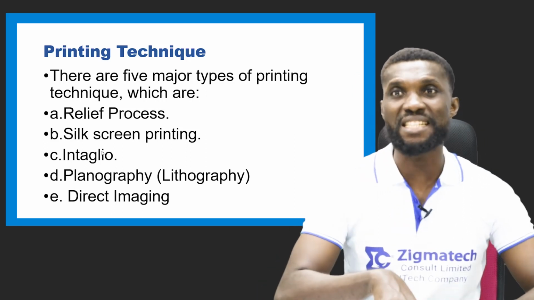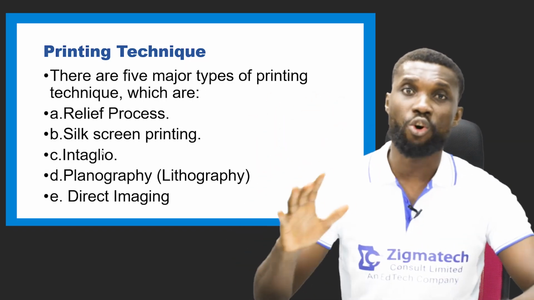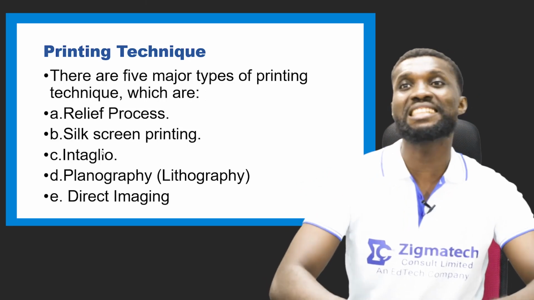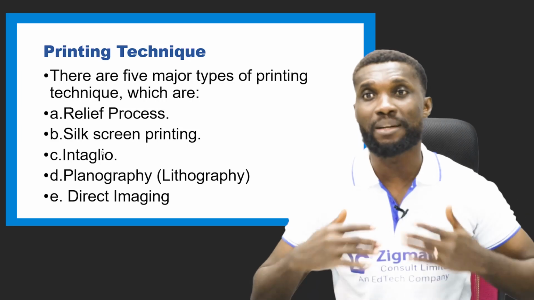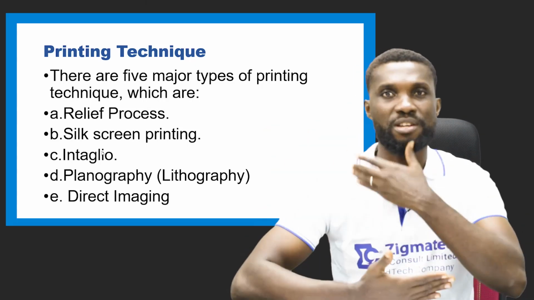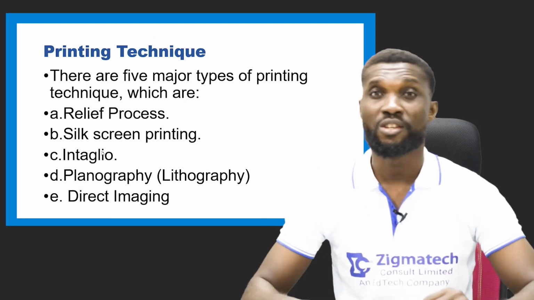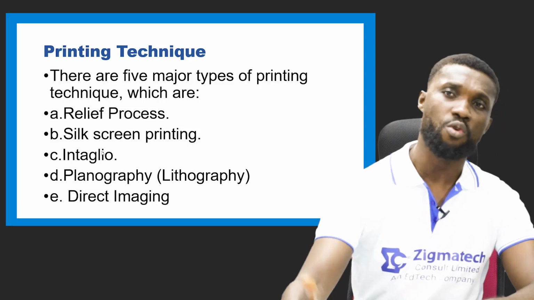The design that is made is transferred onto a film first. The film is heated and then transferred onto a plate, and that plate is then transferred to a machine, which is used as the printing mold, where your paper runs through, and then the image you have will appear on the paper. So it's a whole lot of process. But in the course of this study, we're going to discuss them one after the other.